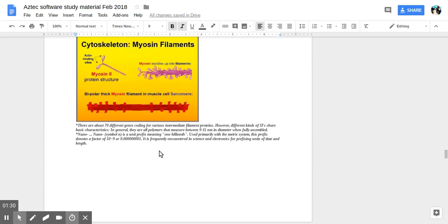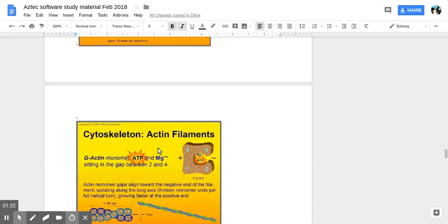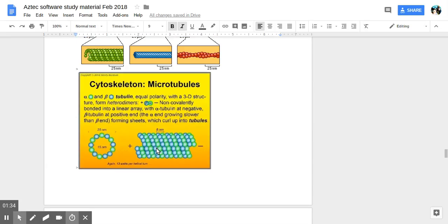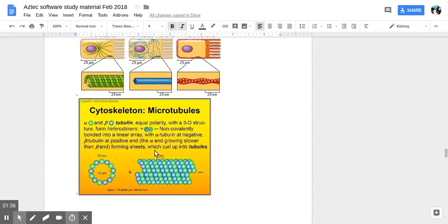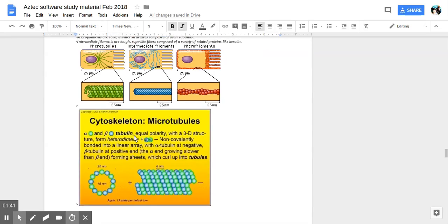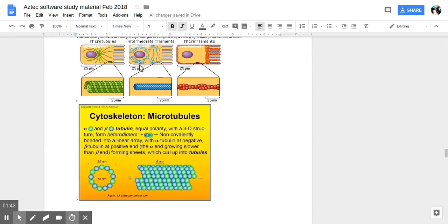So we were learning about the parts of the cytoskeleton, which consist mainly of microtubules, microfilaments, and intermediate filaments. Size-wise, microtubules are the thickest, then intermediate filaments, and microfilaments, also known as actin filaments, are the thinnest in nanometers.